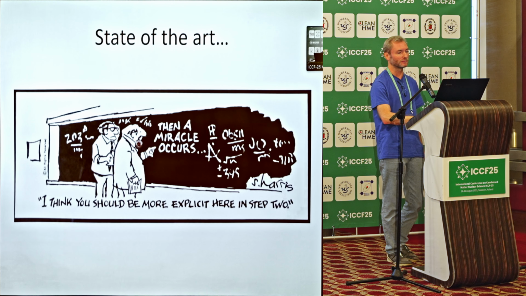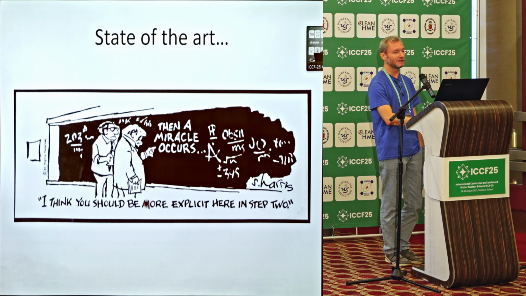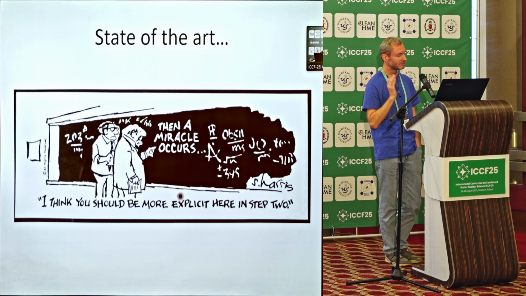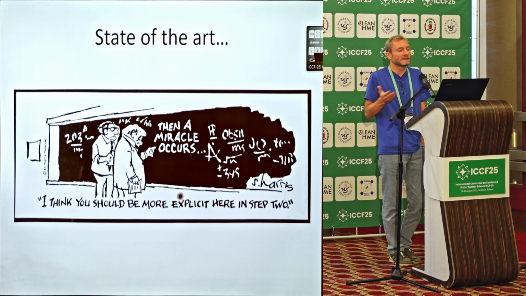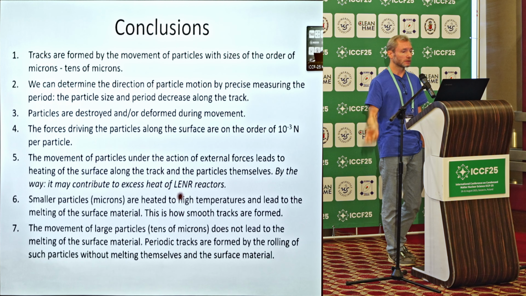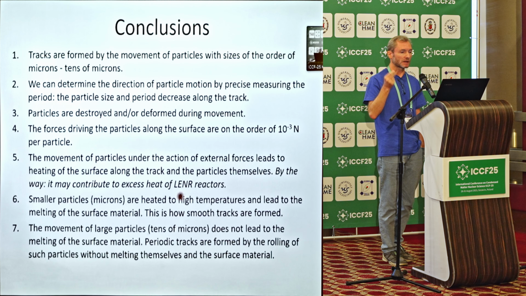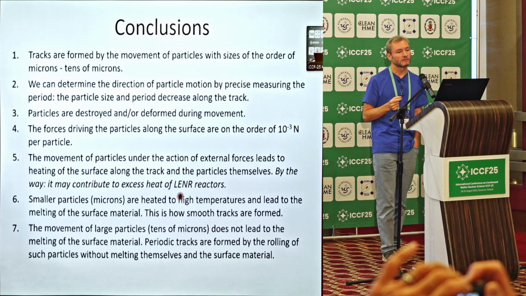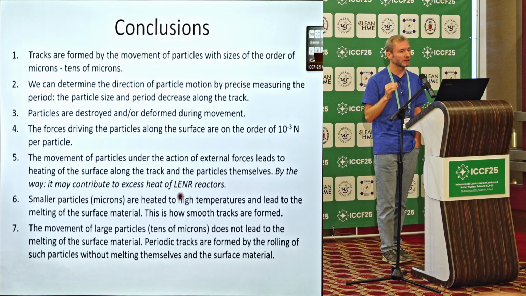Its authors, of this presentation and maybe not only of this presentation, we can hear that we see some miracles in the experiments. So, conclusions. Tracks are formed by the movement of some solid particles with sizes of the order of microns or tens of microns.